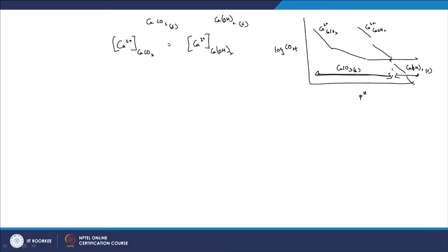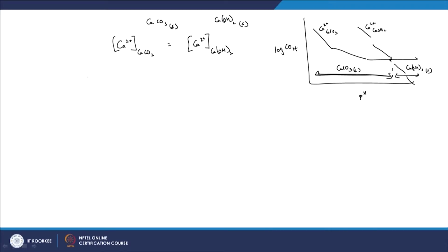Obviously this is the region we are trying to look at, and now I am going to try to figure out how it varies with pH. We looked at this particular equation in the last class, so I am not going to write that down again, but the solubility product of CaCO3, Ksp, was equal to the K star of Ca(OH)2, into H+ square, into CO3 2-, that would mean alpha 2 into CO3 total.